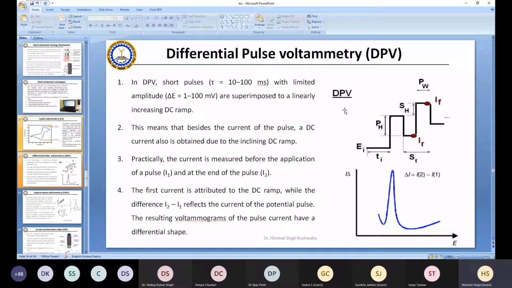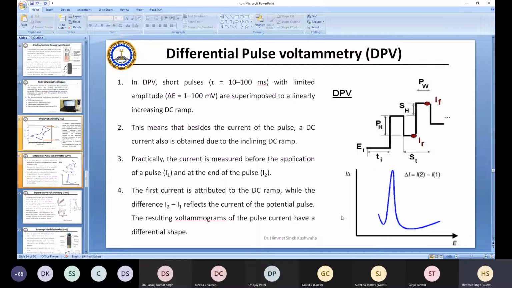So it basically measures the current between the pulses, before the application of a pulse and at the end of the pulse. We apply the potential in the form of short pulses with a limited amplitude and a linearly increasing DC ramp.